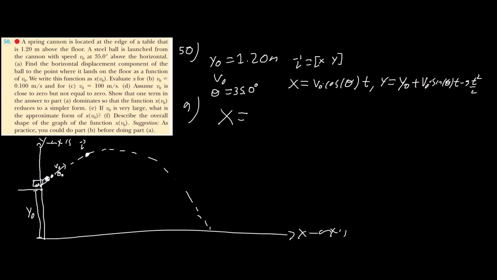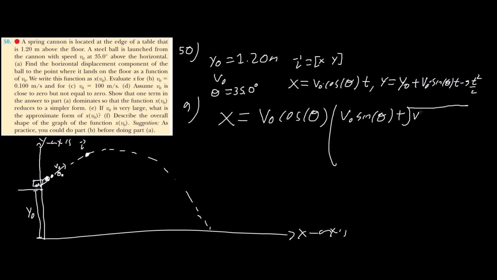Anyways, this is going to be V naught cosine of theta multiplied by V naught sine of theta plus the square root of V squared sine squared of theta plus 2gh, all over g. There we go. There's that equation. Okay, that's what we want.